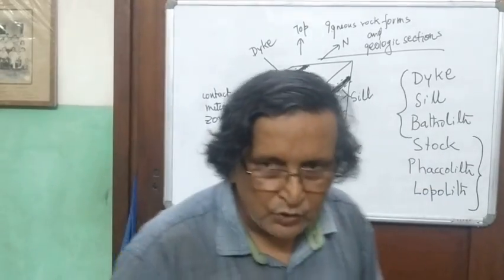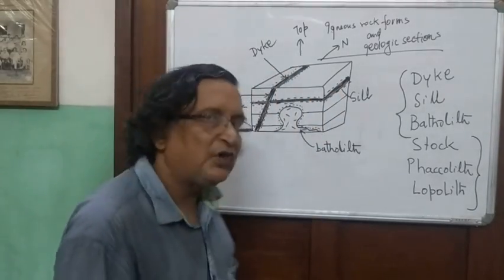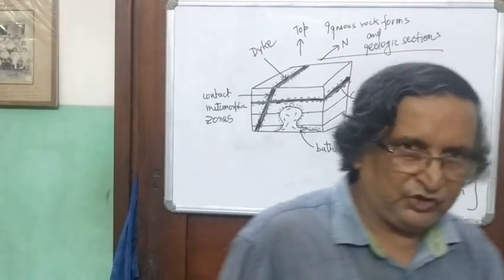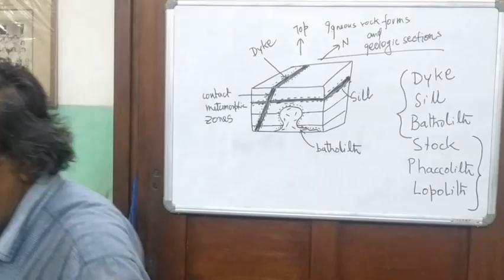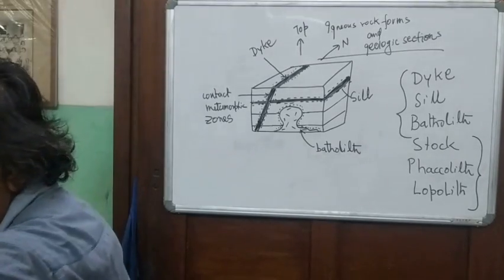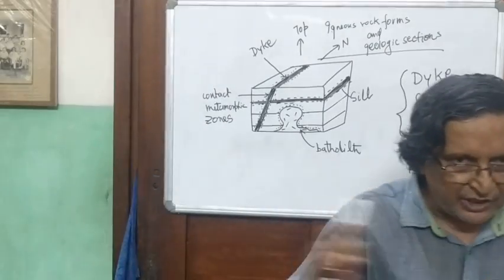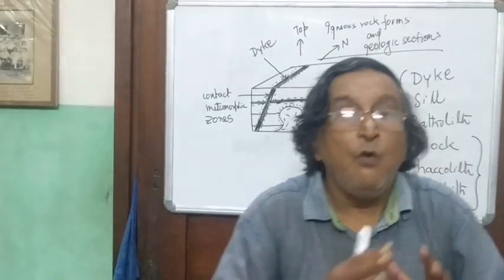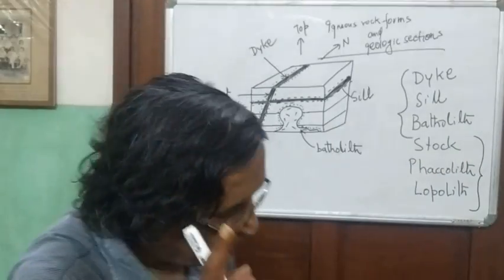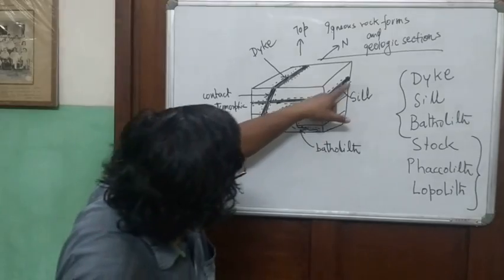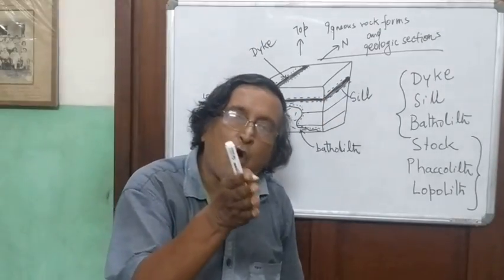This is true not only for the sill, but also for the dike. Both are planar bodies with the thickness much smaller compared to the length and the breadth. This is a characteristic of both dike and the sill. But why the difference? The difference is the sill, you can see, is concordant.